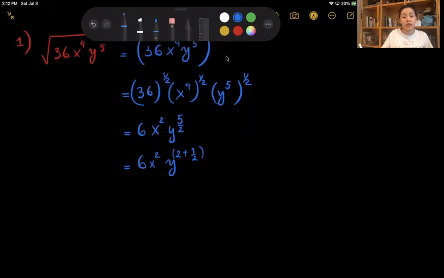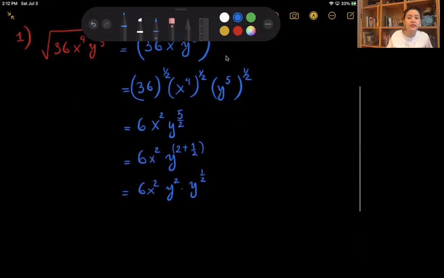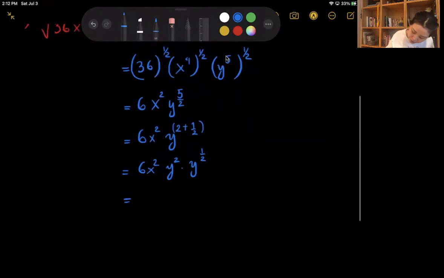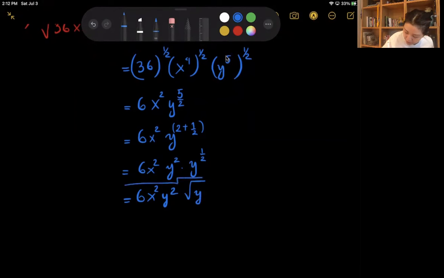Well, if you remember another rule of the exponent, I can split that y to the 2 plus 1/2 as y squared times y to the 1/2, right? So 6x squared, y squared, and y to the 1/2 will be the square root of y. And that will be our final answer.